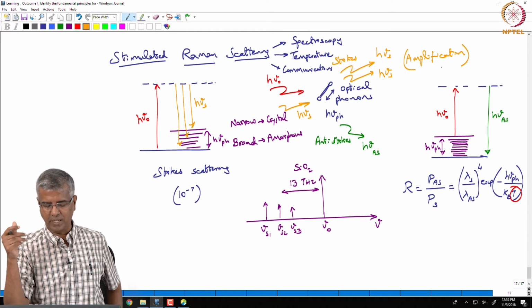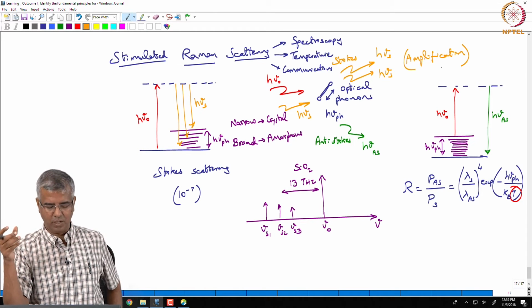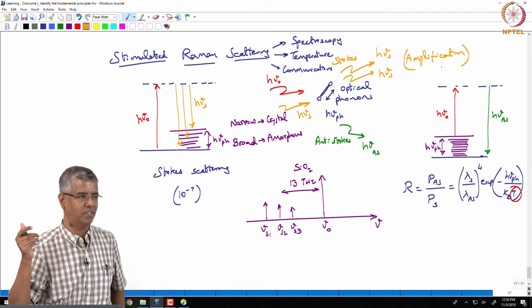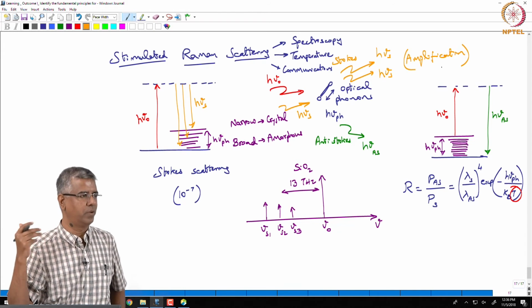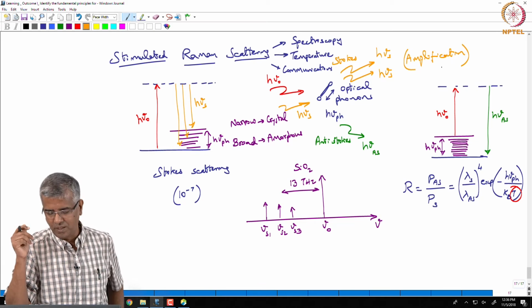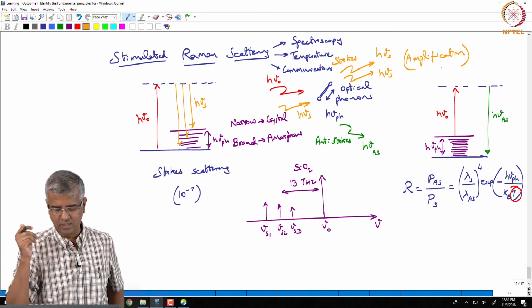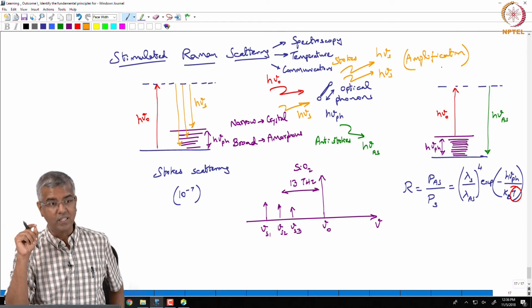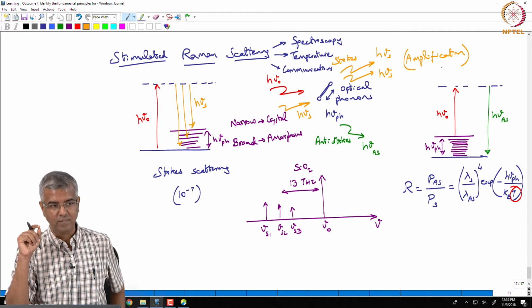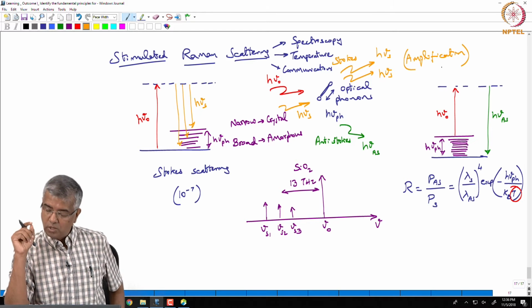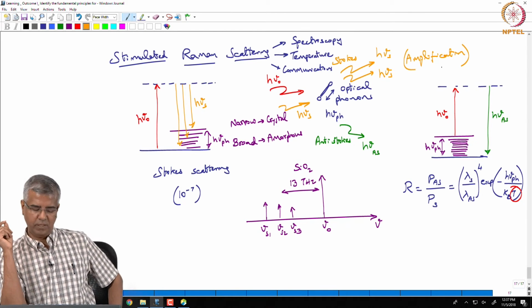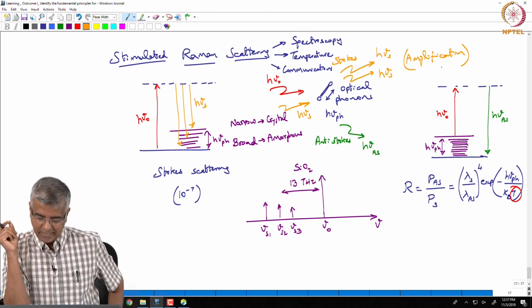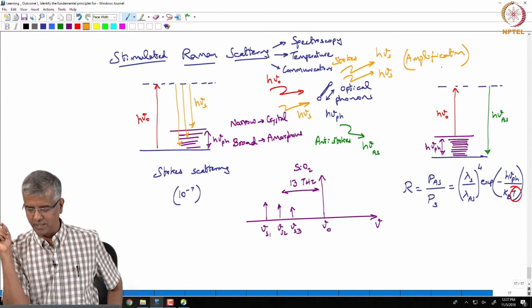So you need a certain number of photons to activate this process. Beyond that threshold only can you have this process happening in a consistent manner. Also, the scattered frequency nu-s can be greater than the incoming frequency if you are looking at the anti-Stokes process, which is also a good point.